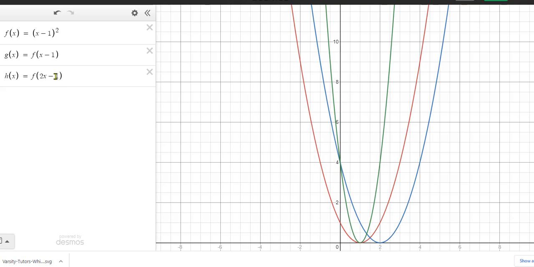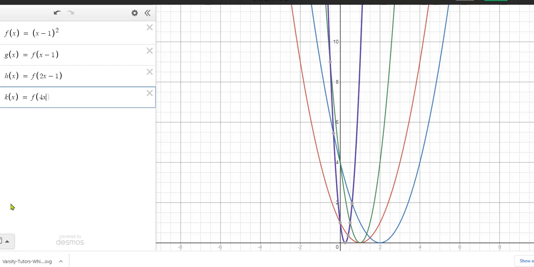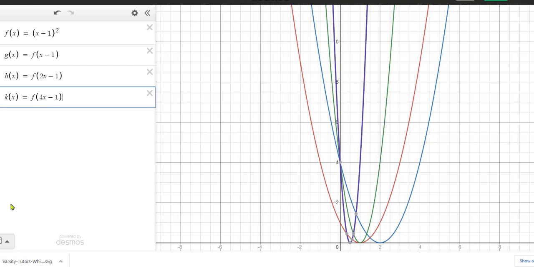So f of 2x minus 1 is shifting the function f of x 1 right, but then pulling it back into half the distance from the y-axis. Alright, so now let's do a new function, we'll call it k of x, equals f of 4x minus 1.